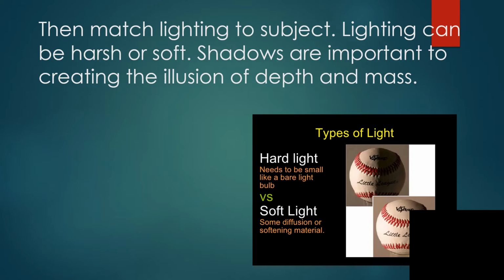And what happens is that the strobe that fires inside of the softbox gets spread out and diffused over a large area. So if we're shooting the baseball in a studio and we have a softbox, then the picture of the ball is much brighter and easier to read.